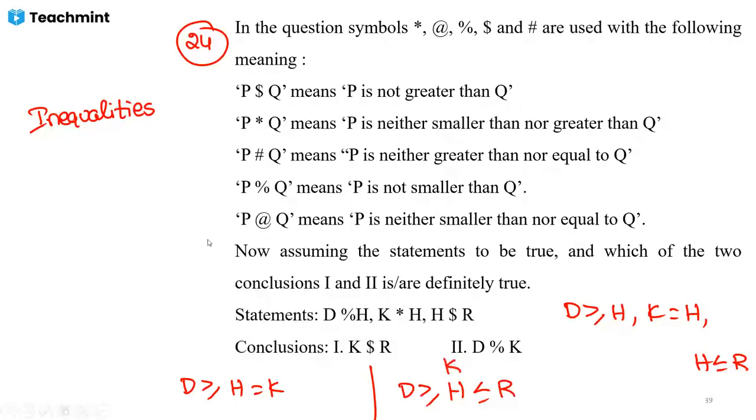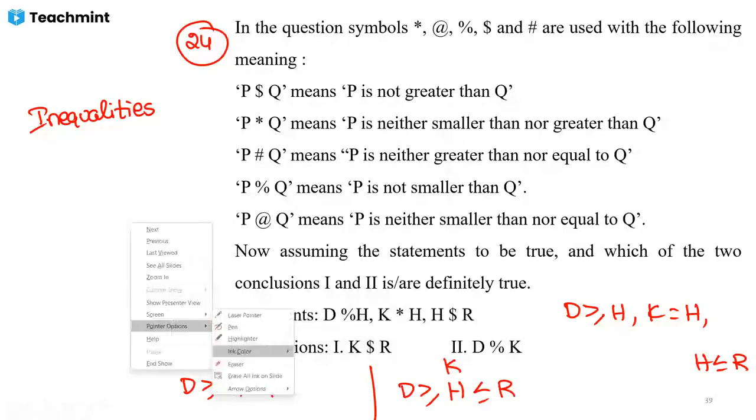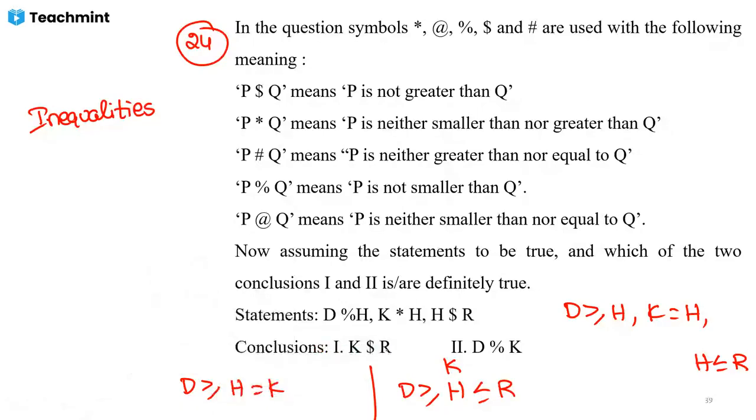Now between K and R, K is either less than or equal to R. Dollar means less than or equal, so first one correct. Between D and K, H equal to K, D is either greater than or equal to K. What does percentage mean? Not smaller than, greater than or equal. So both correct, my dear friends.